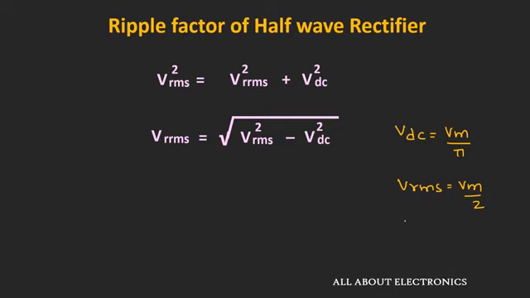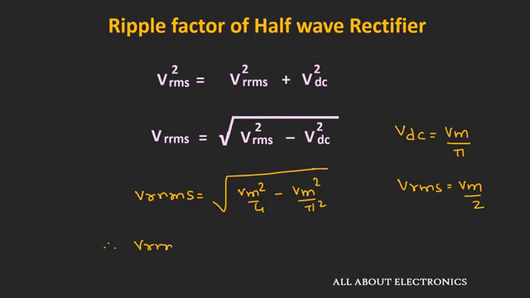So if we put these values, then the RMS value of the ripple will be equal to square root of Vm square by 4 minus Vm square by pi square. So from this we can say that the RMS value of the ripple will be equal to Vm times square root of 1 by 4 minus 1 by pi square. And if we calculate it, this value will roughly come around as 0.386 Vm.